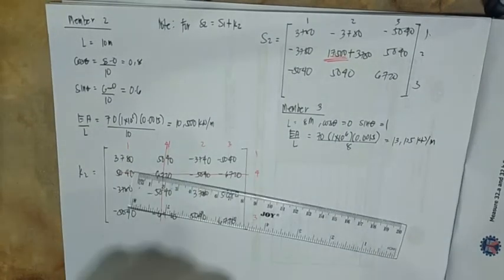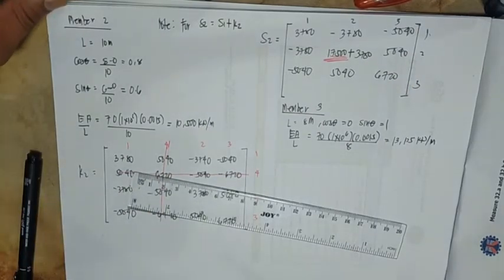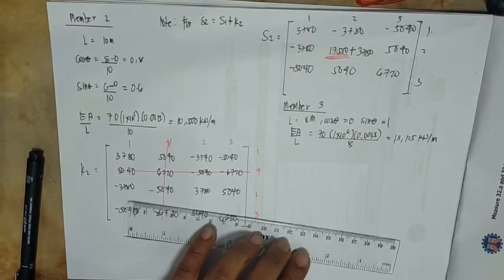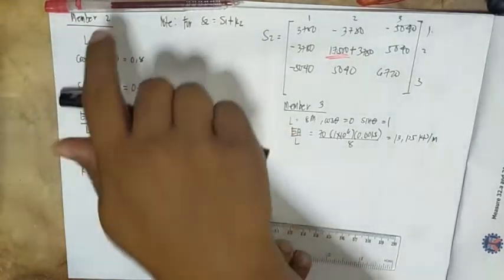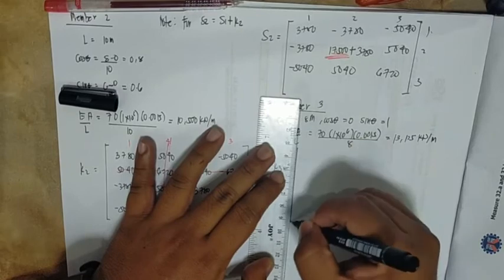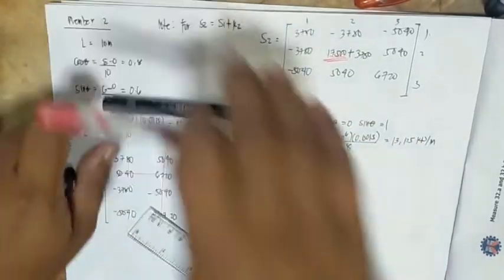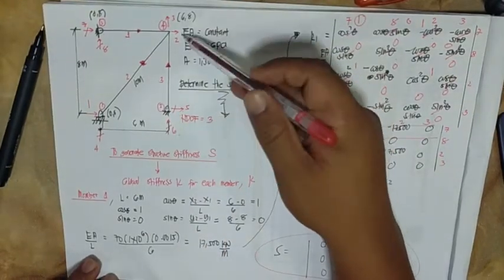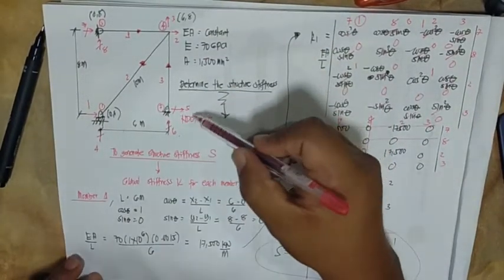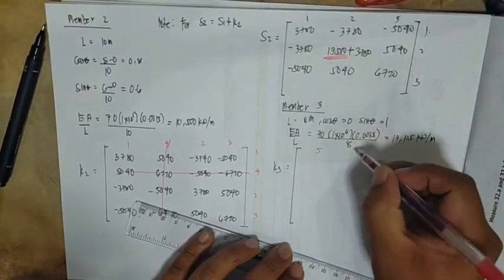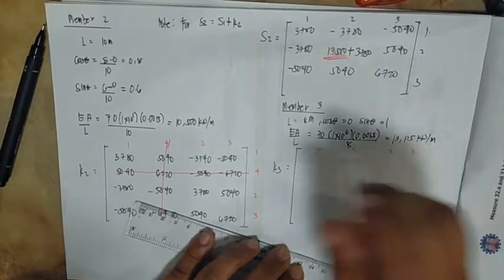Okay? So, the same procedure, we can now create another sequence. So here, K3, the same. Member 3 will be 5, 6, 2, 3.